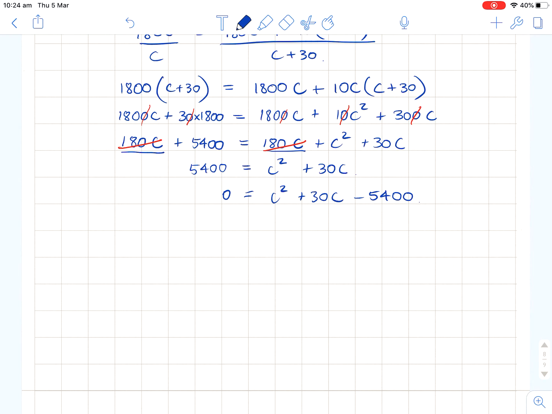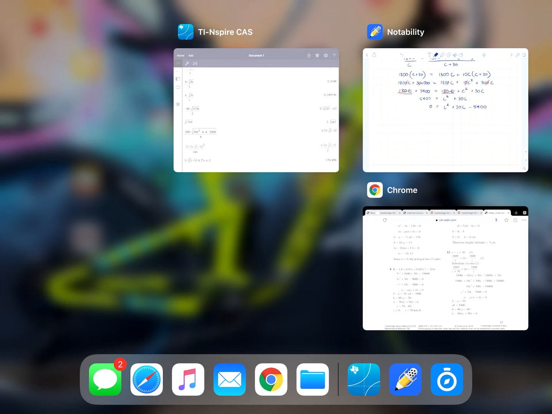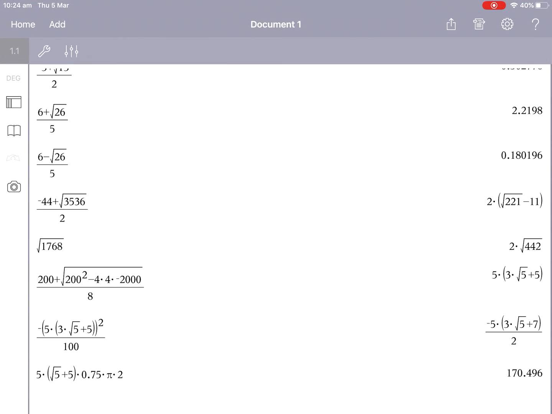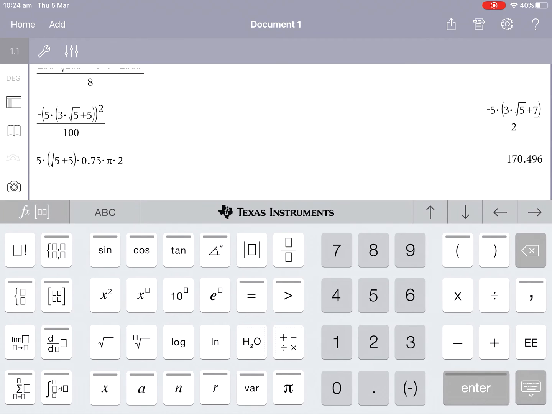Can I factorise? Do I complete the square? What am I going to do? If I look for two factors of 54 that add to give 30, and that's two factors of 5,400, I'm going to cheat this time. I don't like those numbers. I'm going straight to my calculator. On my calculator, I need to solve.